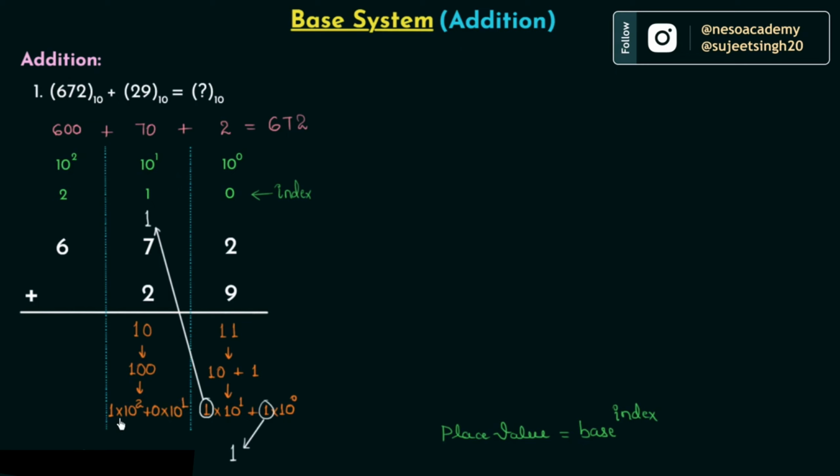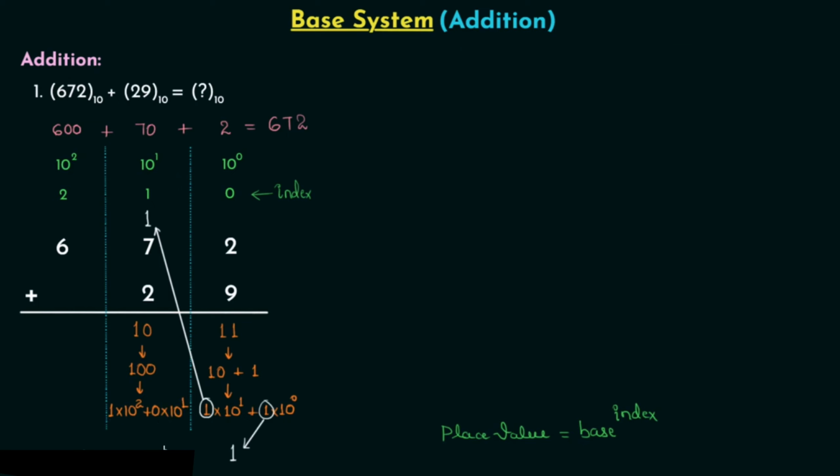Now when you observe these two digits, you will find 0 is having the place value 10 raised to power 1, which is the place value of this column. So this 0, the intermediate sum, will remain in this column. Now talking about this 1 here, it has the place value equal to 10 raised to power 2, which is the place value of this column.